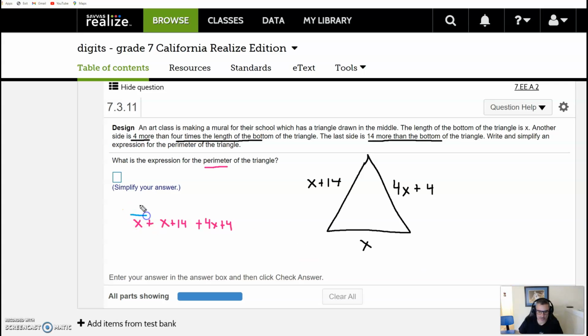So here is the one side of the triangle, here is the second side of the triangle, and here is the third side of the triangle. And you can see we have some like terms, and we have some constants here, so we can simplify this and clean it up.